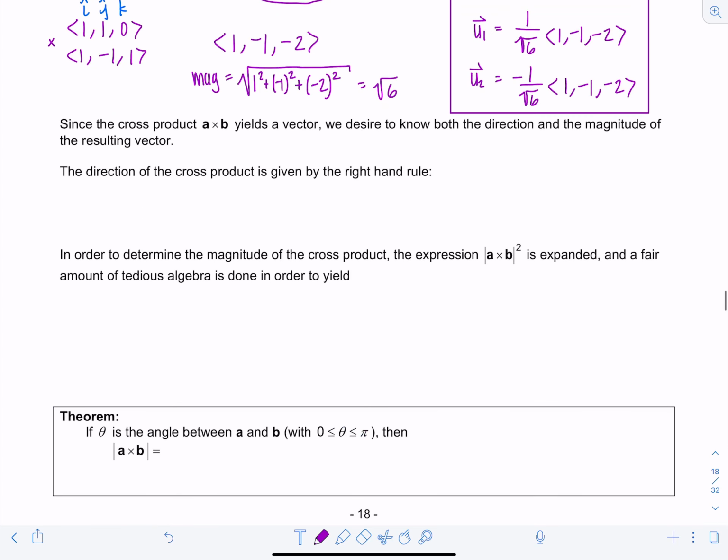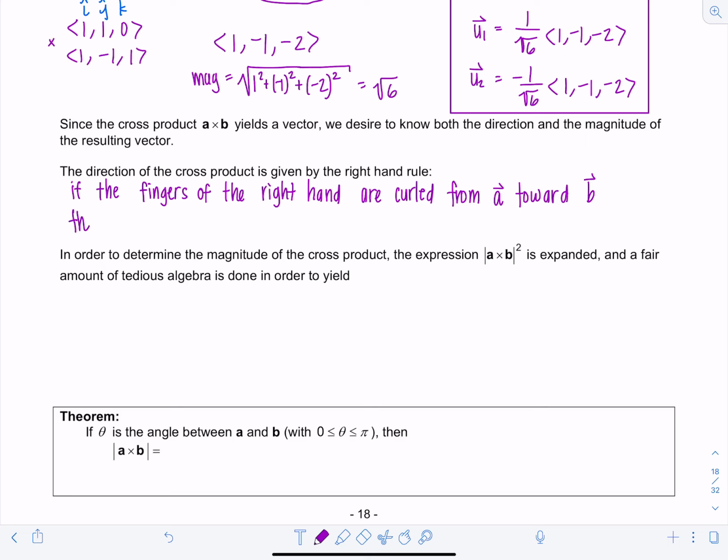And the right-hand rule, if maybe you've taken some physics, you're familiar with it already, but just in case you're not: if the fingers of the right hand are curled from vector A toward vector B, and this is when you're taking A cross B, remember the order matters, then the thumb will point in the direction of A cross B. Okay?